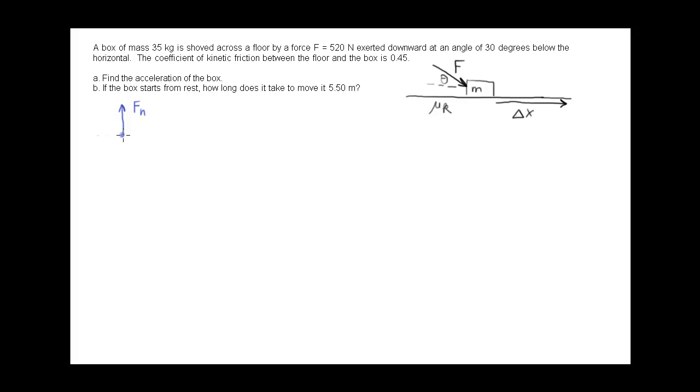There is, of course, the force that's being used to push on it, which is F, and the number is given for that. There's the weight, or the gravitational force, downward, F sub g. And of course, because it's moving across the floor, there's some friction. And it's sliding friction or kinetic friction, F sub k.